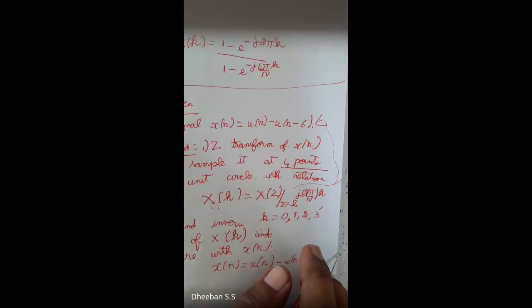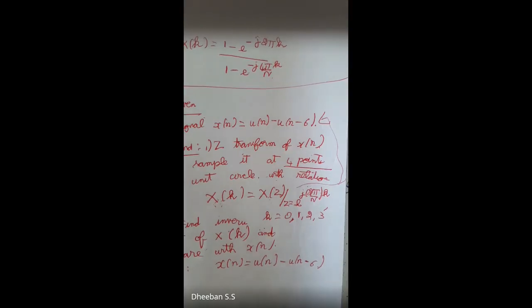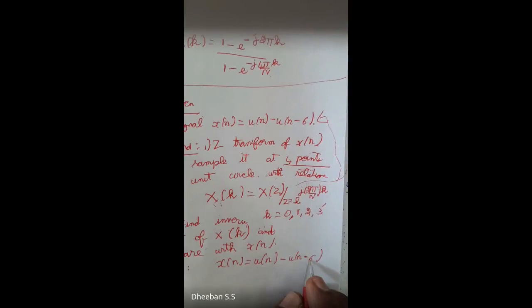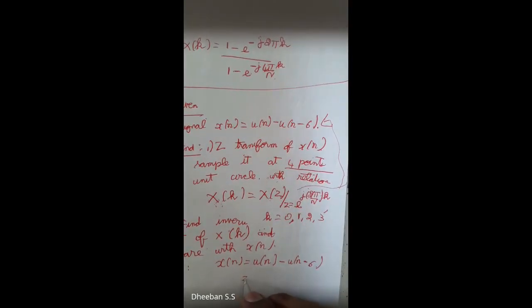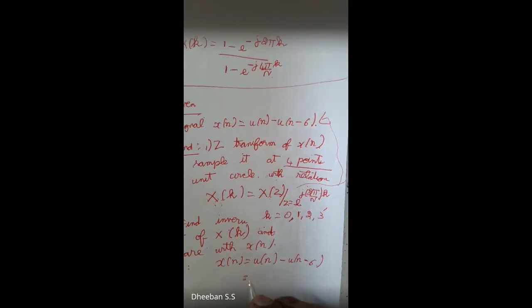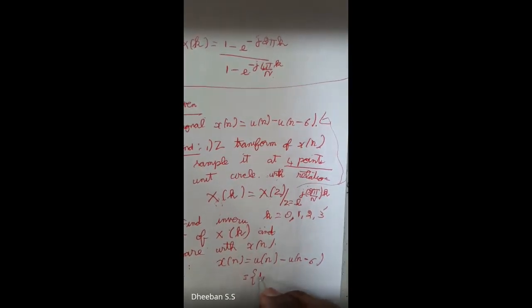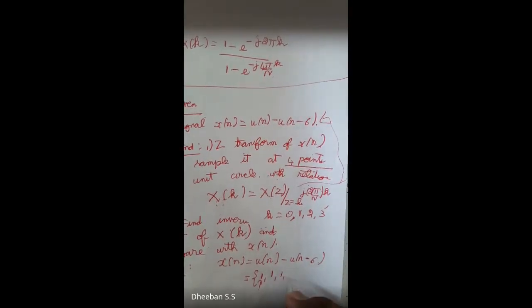This signal is a unit step, given for 6 samples. So we can make the signal as 1, 1, 1, 1, 1, 1, starting from 0.